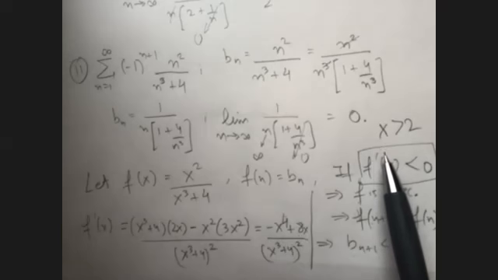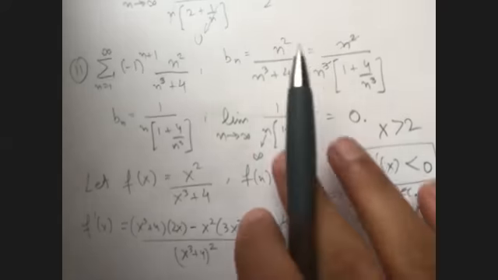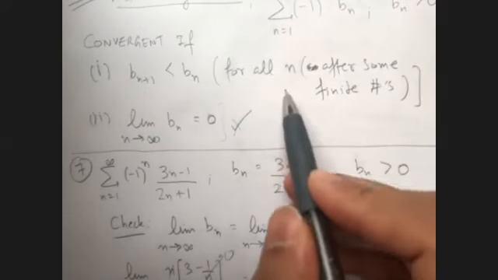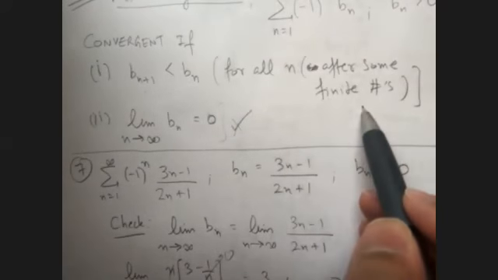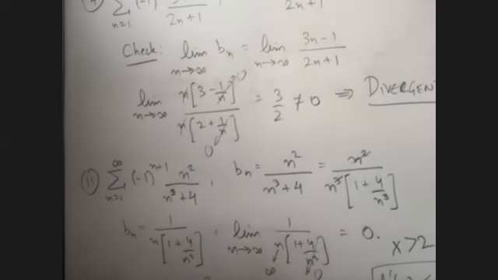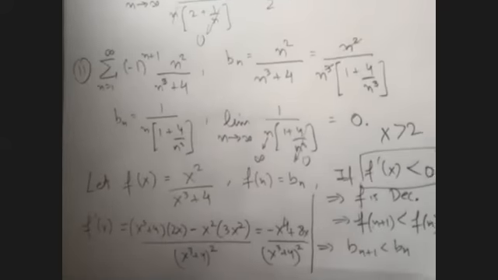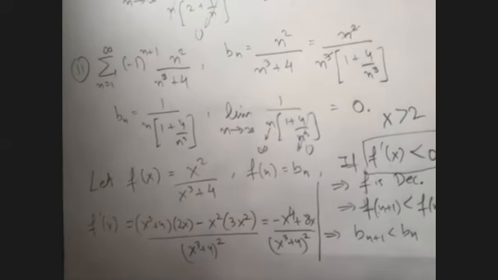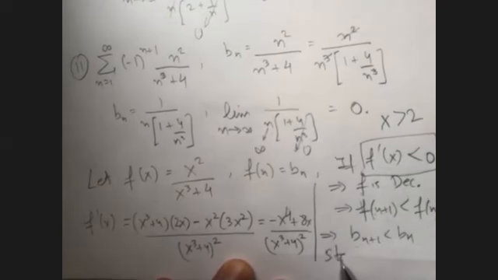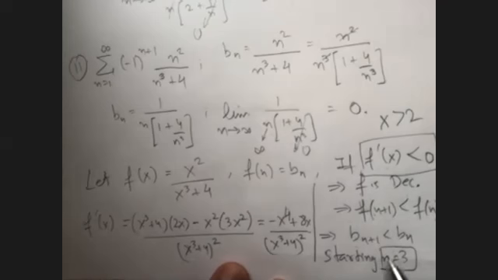So it means starting n equal 3, this condition is true. So that's what I wrote, after some finite number. So in the given problem, we see here, so this is true, starting n equals 3. Starting n equals 3, this condition holds.